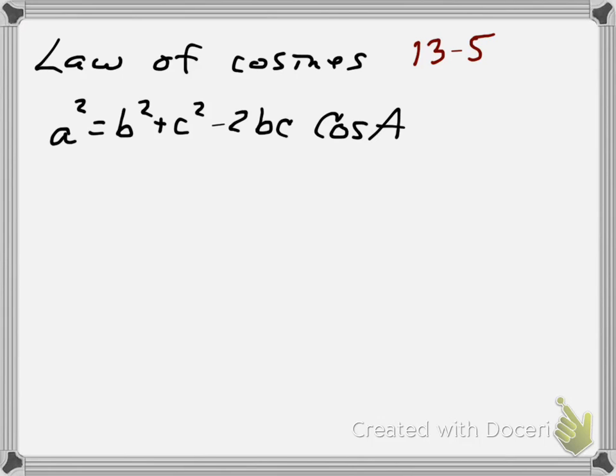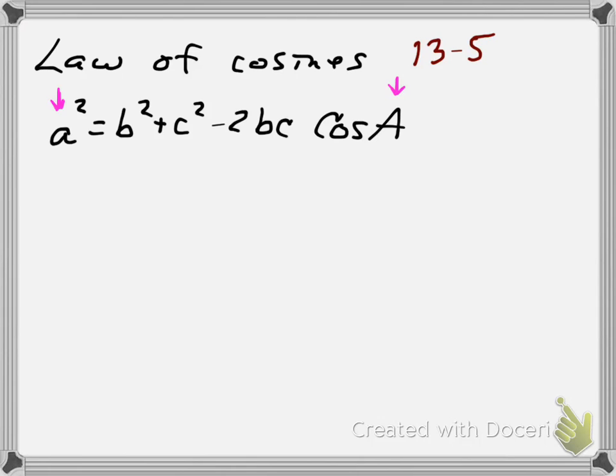Okay? But what is necessary is the bookend letters, A and A. Those need to be the same. And that's the only two places where that letter appears in the law of cosines. And everything else is just the other two letters. BC, BC.